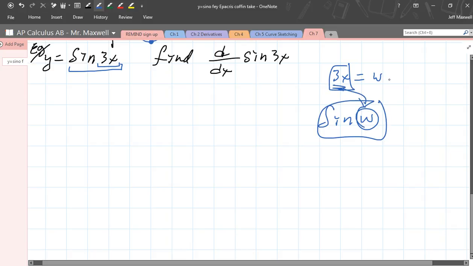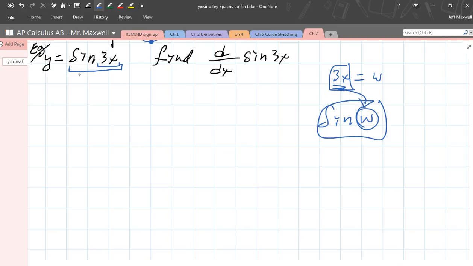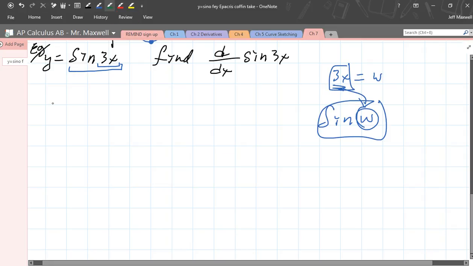Does everyone see that? So what rule do we have to use when we find the derivative of a composite function? Chain rule. Exactly. All right, so y prime, or d over dx, is, so what's the derivative of sine of 3x? Positive cos of 3x. So again, in the chain rule, you do not touch the inside function in the first step. You change the outside.